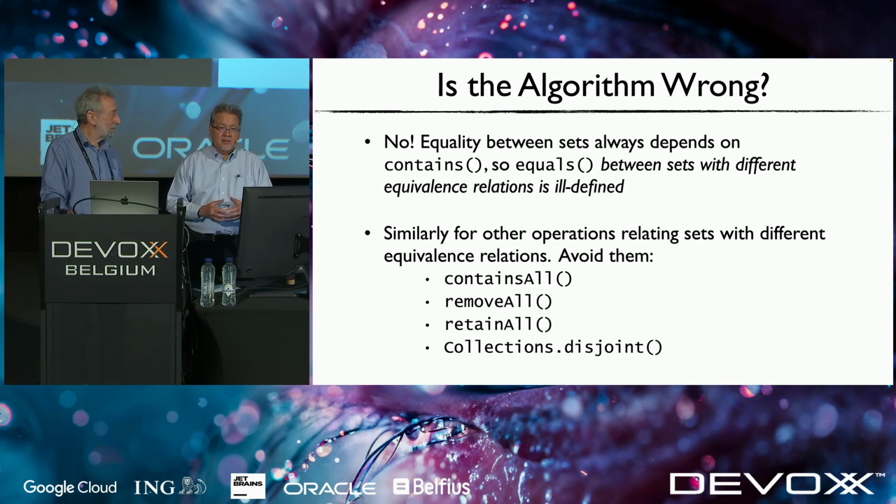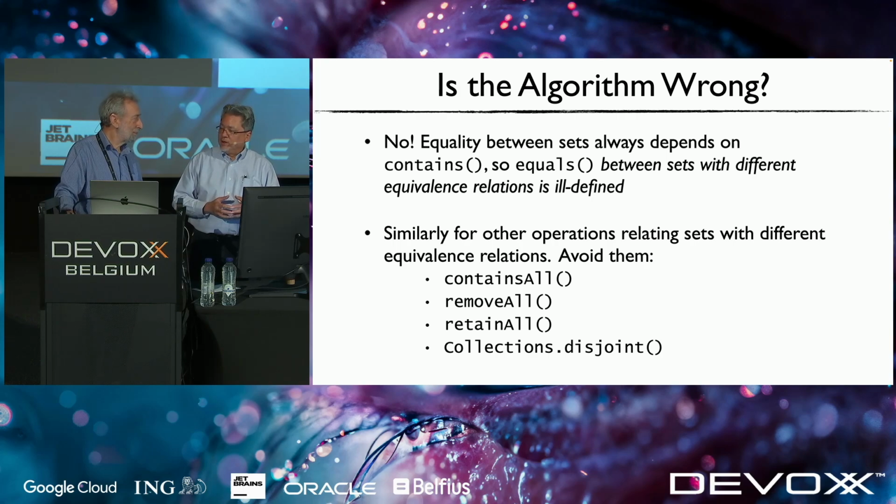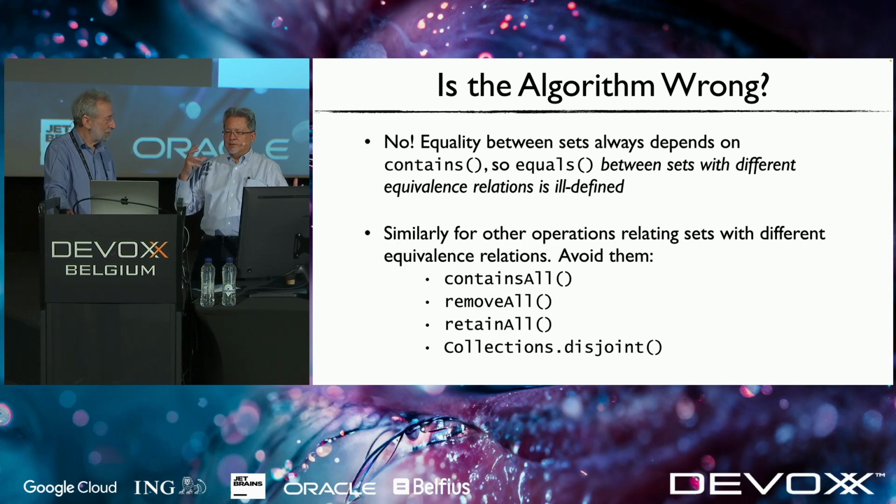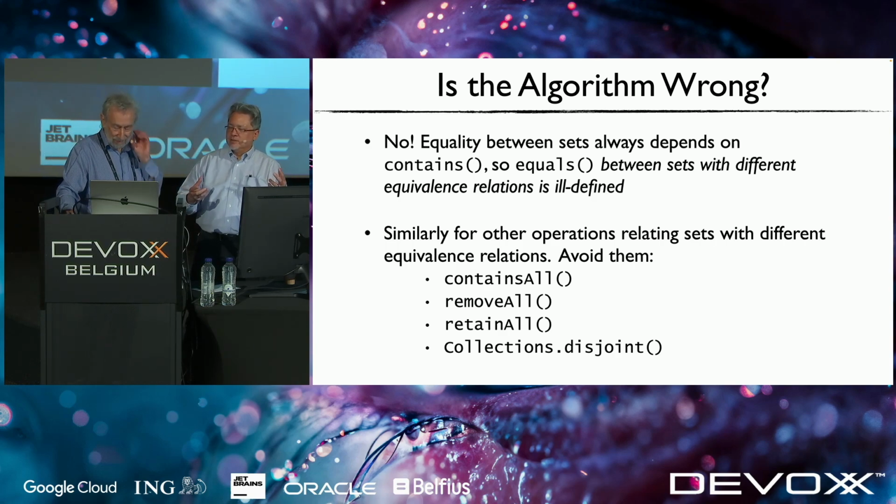And one of the problems is, I think it's actually intractable to figure out whether two sets have the same equivalence relation. I mean, consider two tree sets with different comparators. They might actually implement the same equivalence relation, but you can't tell.